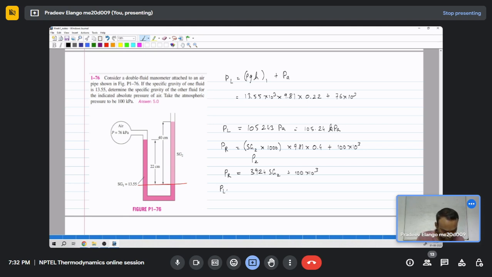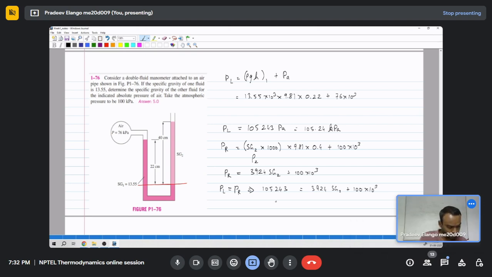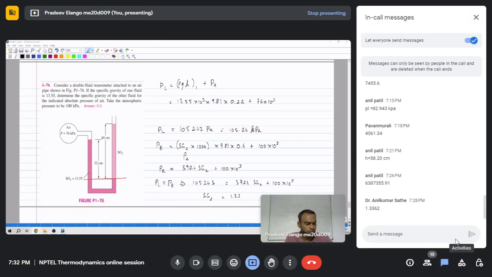When we equate pressure at left limb and pressure at right limb, I think someone has not moved on. 1.3362.